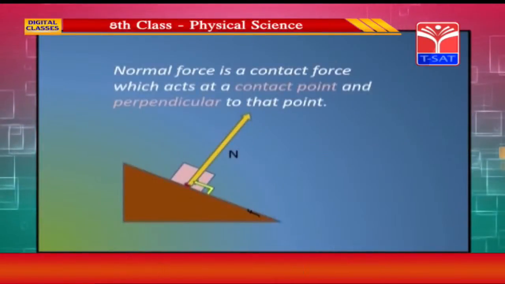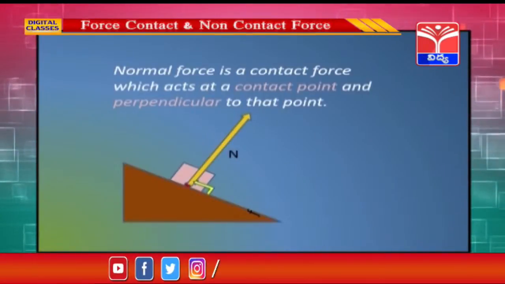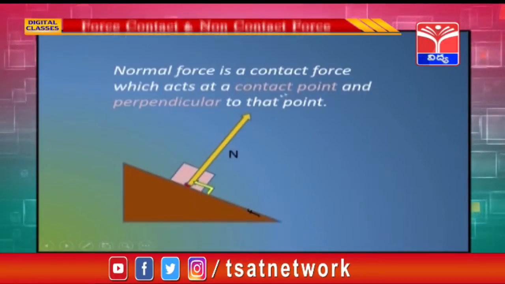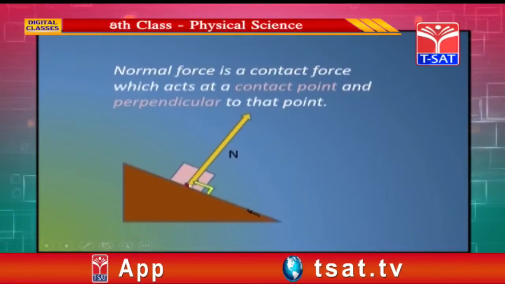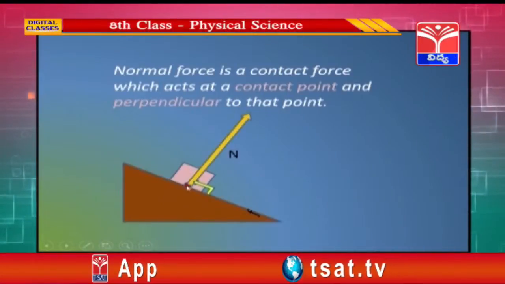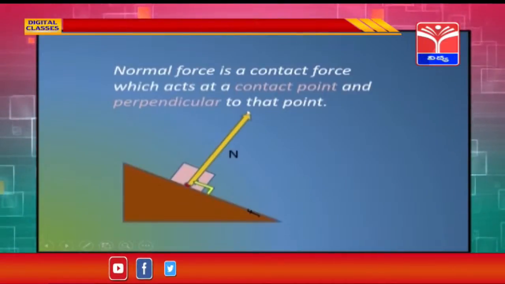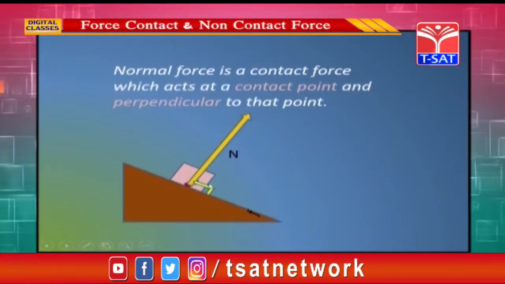Normal force is a contact force which acts at a contact point and perpendicular to the surface. Children, notice that the normal force always acts at the contact point where the object is in contact with the surface.